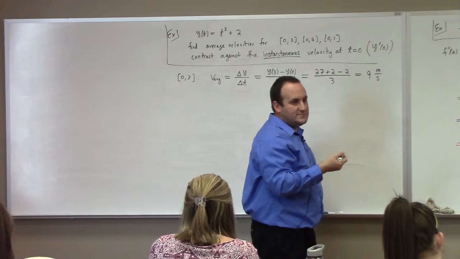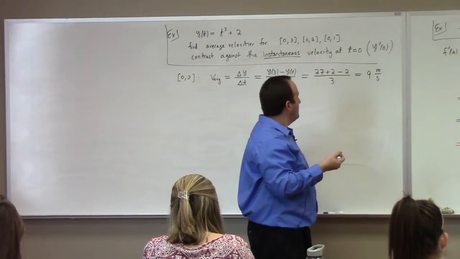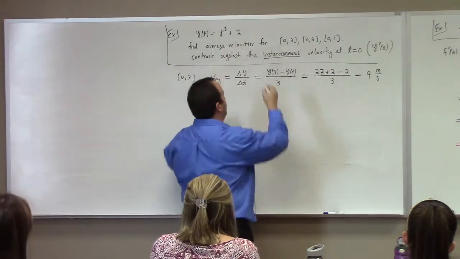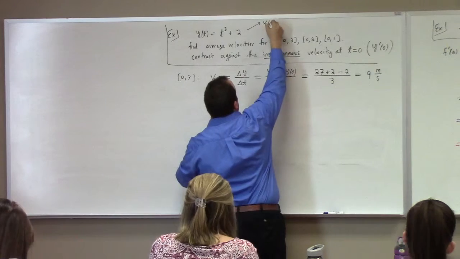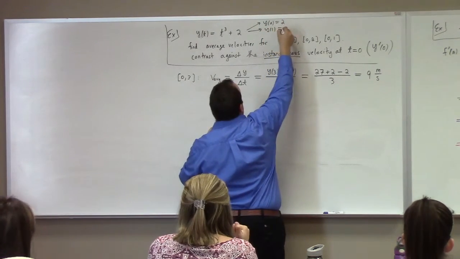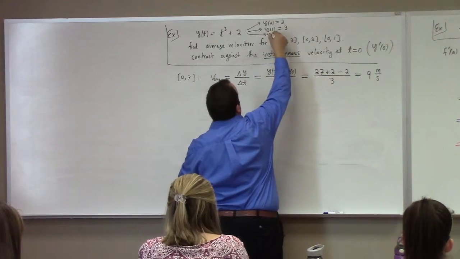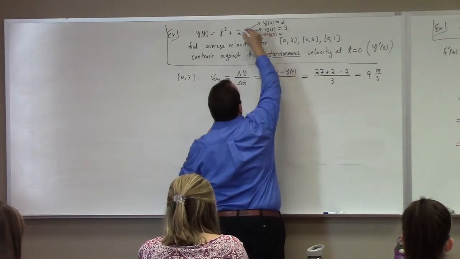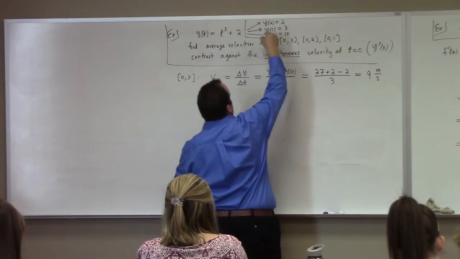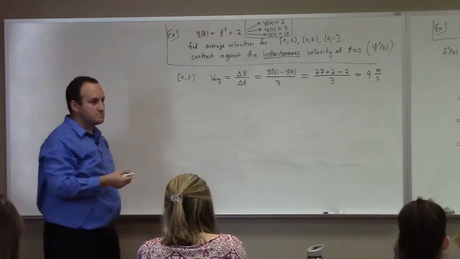Where did you get the, I know we got 27, where did you minus? Y of 0 is 2. So yeah, by the way, here's y of 0 is 2. Y of 1 is what? 3. Y of 2 is 8 plus 2, 10. Y of 3 was 27, okay.